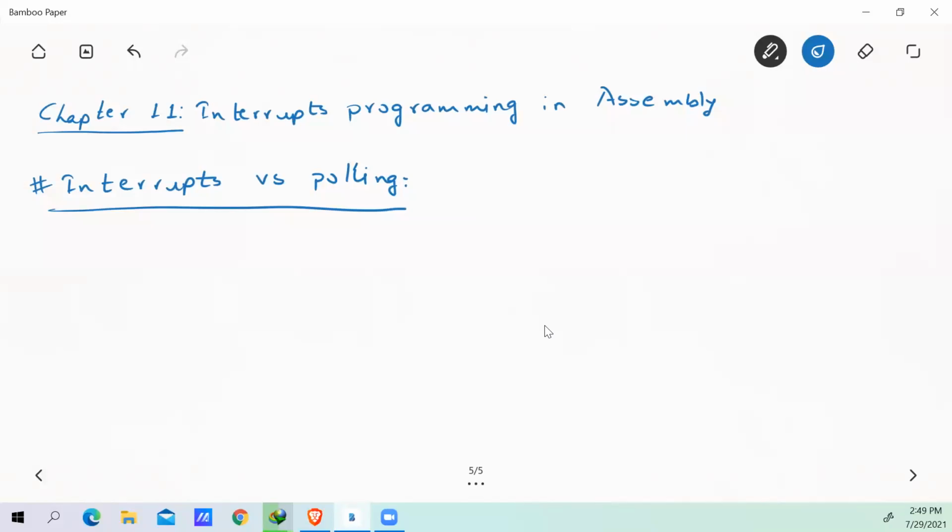On the other hand, what is polling? Polling means your microcontroller will continuously monitor the status of a device. Say 5 devices are connected. The microcontroller will start monitoring device number 1 and allocate some time for it. Then it will start monitoring device 2, then device 3.